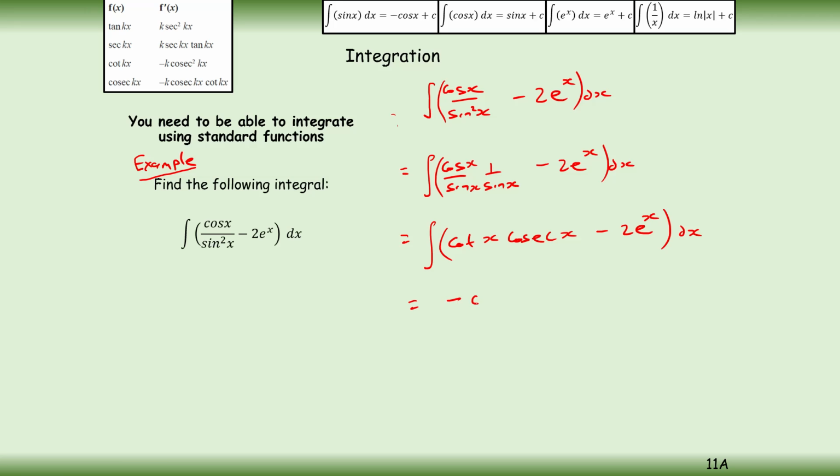So we go minus cosec x, and if we integrate e to the power of x, we get e to the power of x. So minus 2e to the power of x plus our constant. Okay, and we're done. So hit pause, copy the example down. Once you've done that, hit play, and we'll look at one more example.